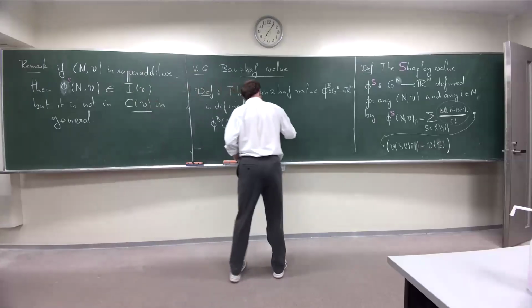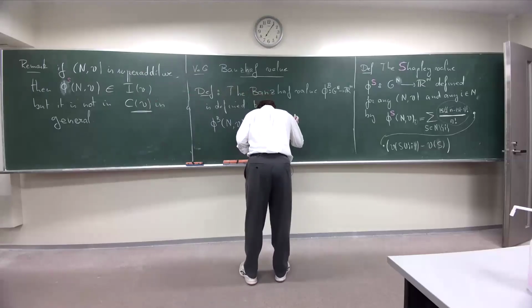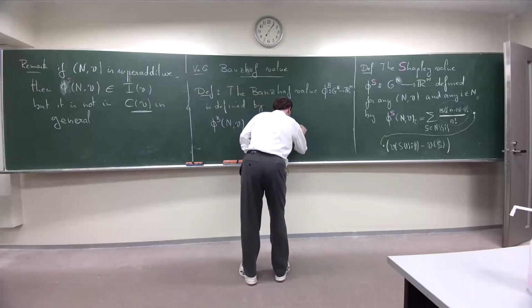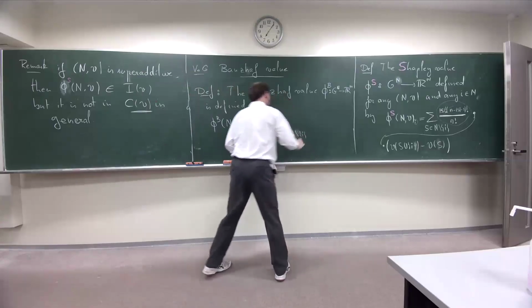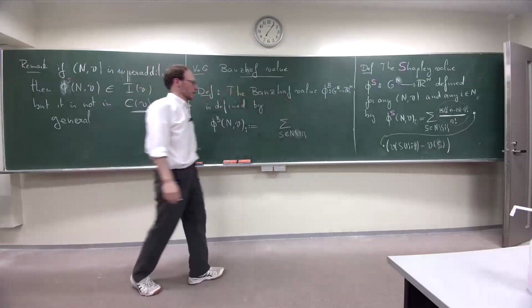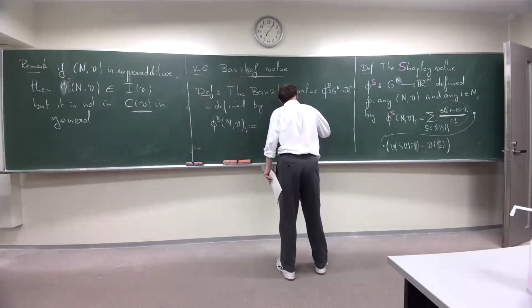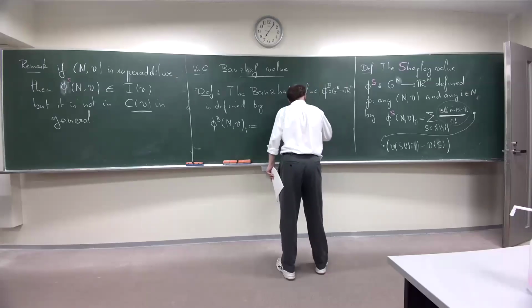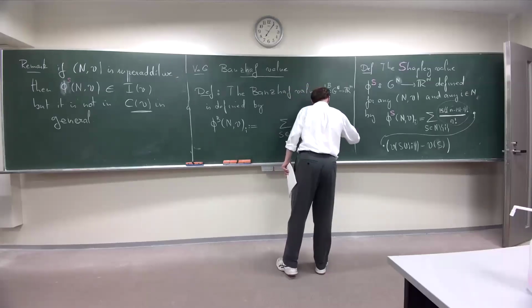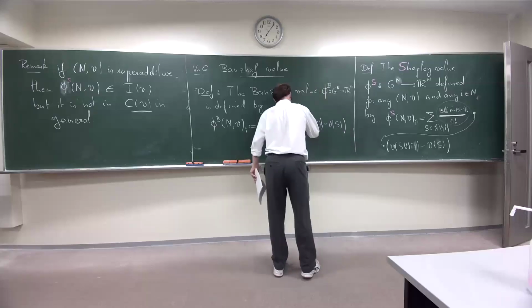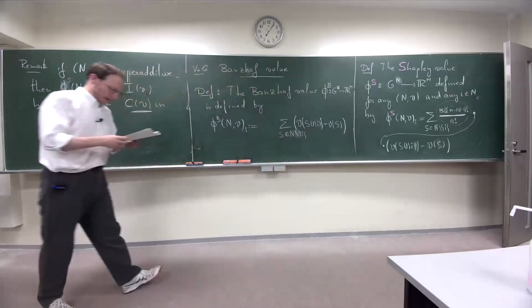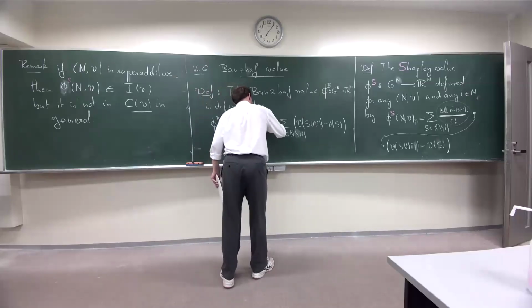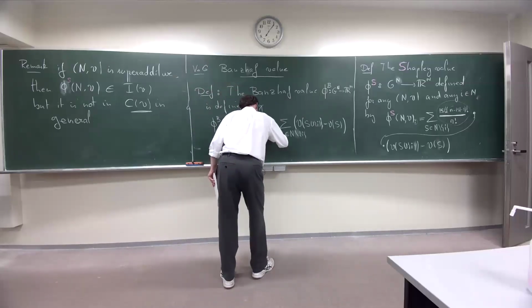It's again a sum over all coalitions which do not contain I. So I take a coalition S which doesn't contain I, and the same factor v of S union I minus v of S. So the same difference, but now the weights are much simpler: 1 over 2 to the n minus 1.